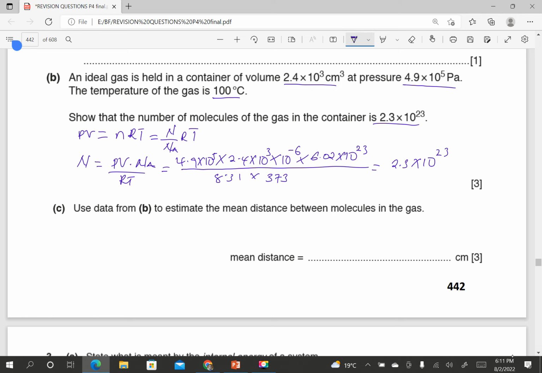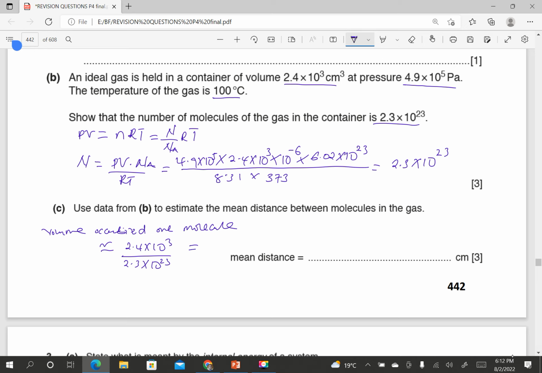The volume occupied by one molecule is approximately going to be equal to the total volume, 2.4 times 10 power 3, divided by the number of molecules, which is 2.3 times 10 power 23.